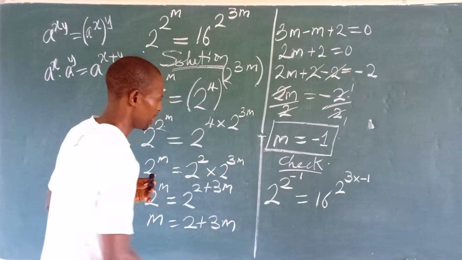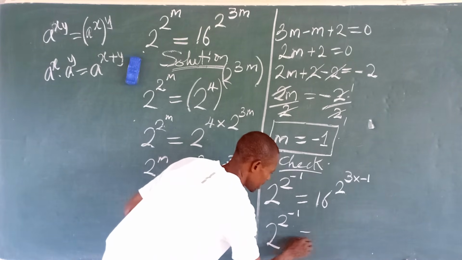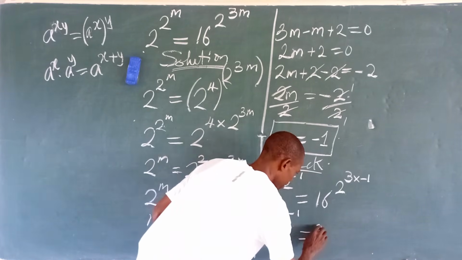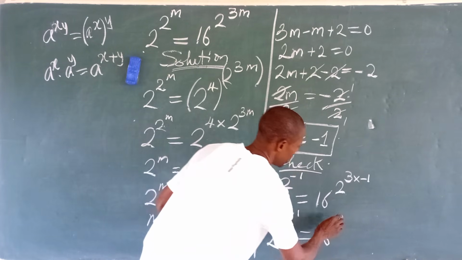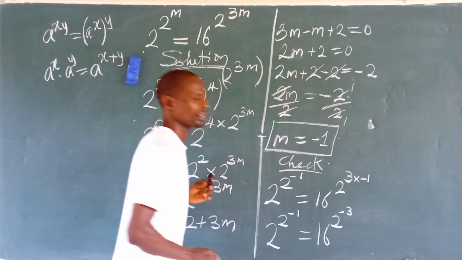So we have 2 to the power of 2 raised to minus 1 equal to 16 to the power of 2 further raised to the power of minus 3.